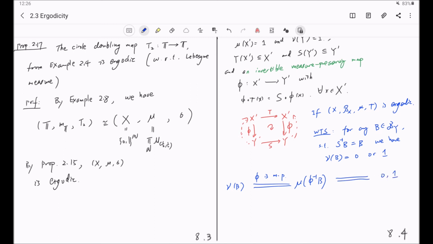The key part in here is that first, you're going to use that the measure mu is ergodic under T. And second, you need to prove that T inverse of phi inverse B is equal to phi inverse of B.